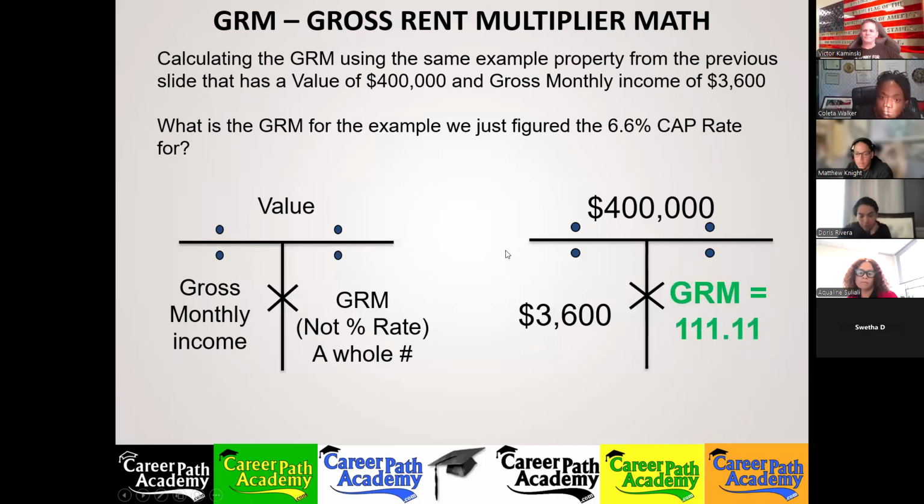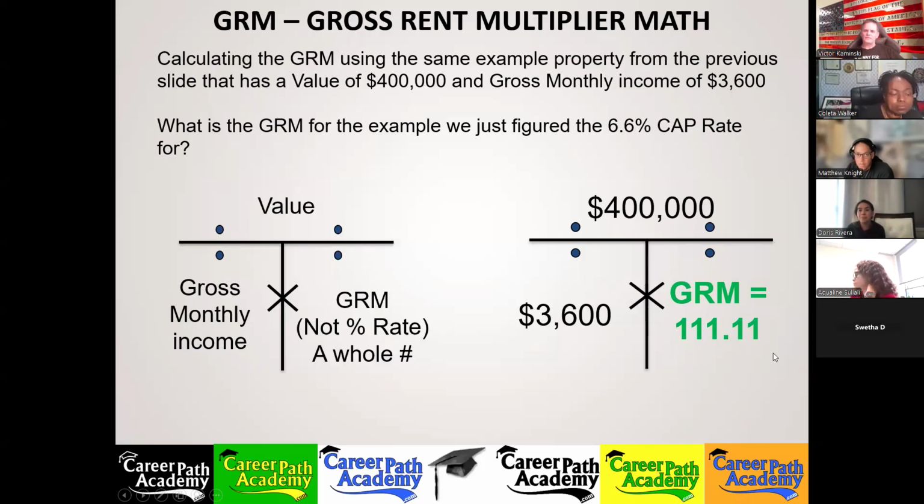Yep. Is that a good number or a bad number? There's no such thing as a good or bad GRM. It's just an insignificant number that we applied to this property. We've calculated and figured out that a property in this neighborhood that's getting you a 6.6% cap rate has a GRM of 111.11.